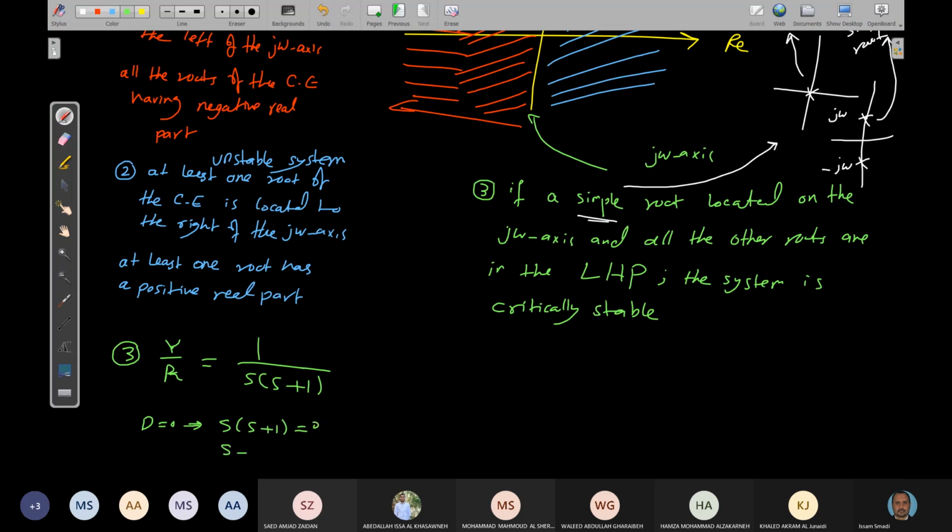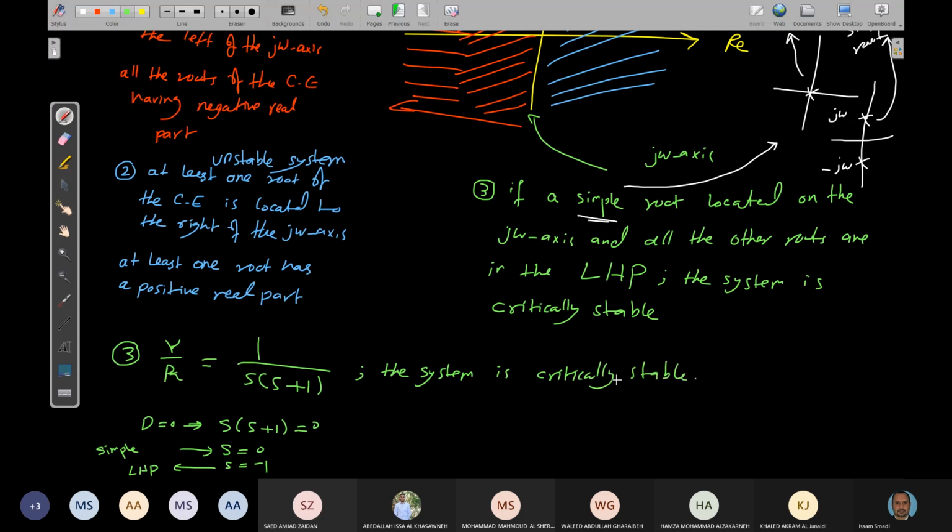So the root is s equal to 0, and the root is s equal to minus 1. So I'm having a simple root at the j omega axis, correct? Simple root, and all the other roots located in the left half plane. So this is the condition of the critical stability, correct? The system is critically stable.